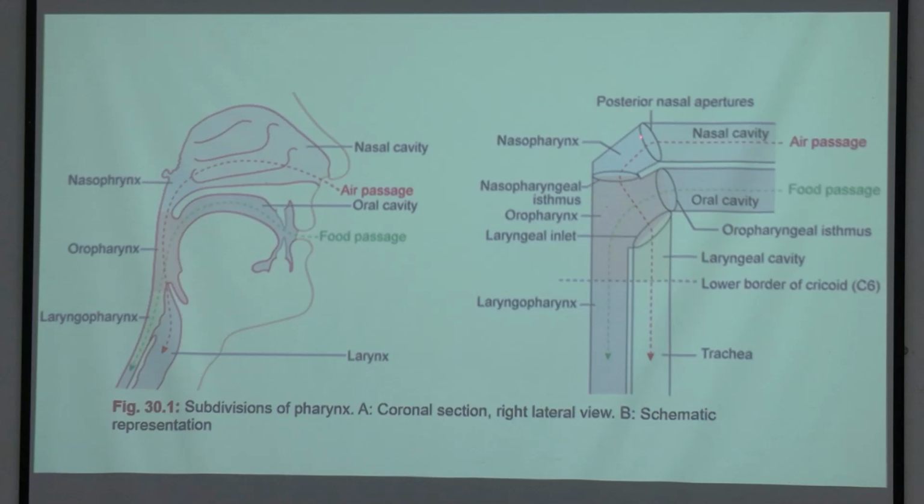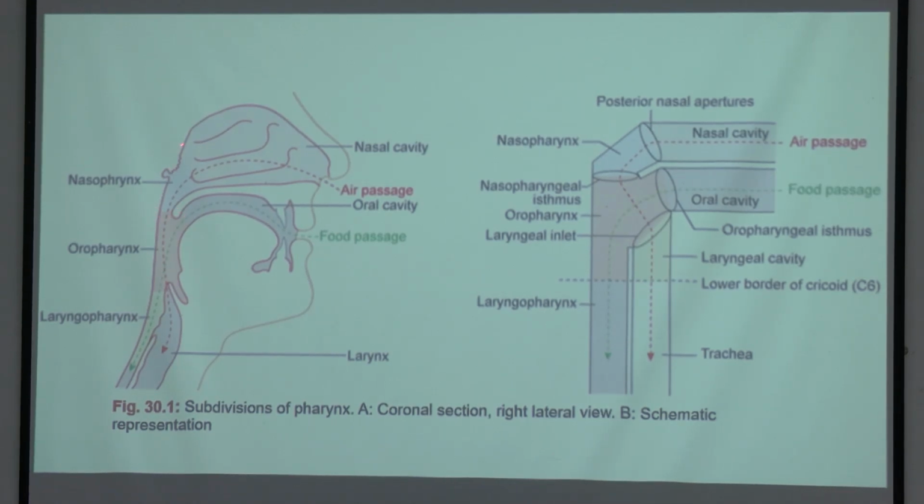So we can find in this picture the nasal cavity, oral cavity, and this funnel shaped area. And it is limited by some structures. This is the hard palate which becomes soft palate behind.